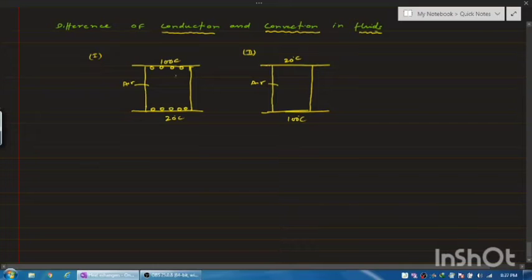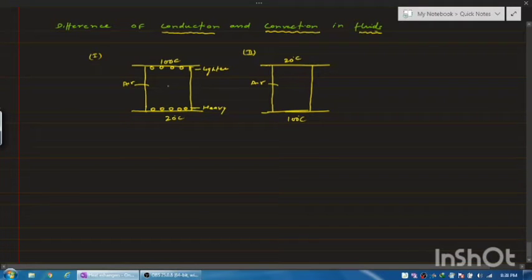Obviously here, because the upper particles are at 100 degrees Celsius and the lower particles are at 20 degrees Celsius, the 100 degrees Celsius particles will be lighter in weight, and the 20 degrees Celsius particles will be heavier in weight.